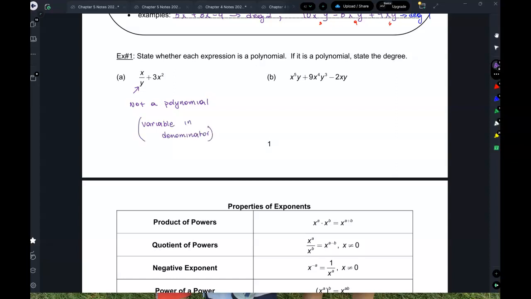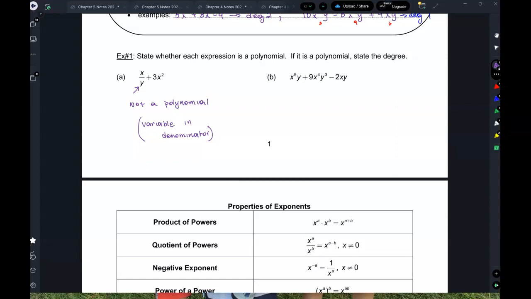All right. Here, take a look at this. No variables in the denominator. Look at the exponents of the variables. Okay, the exponents of the variables are all either 0 or positive integers. 1, 2, 3, 4, 5, and so on. That makes this a polynomial.